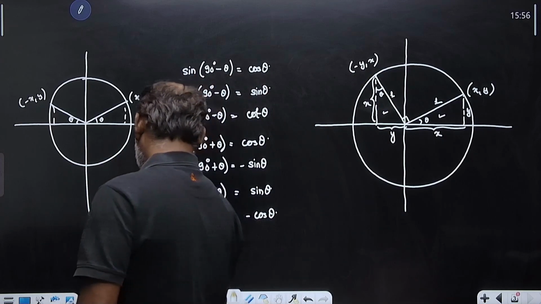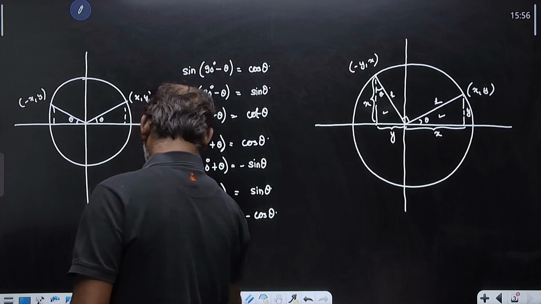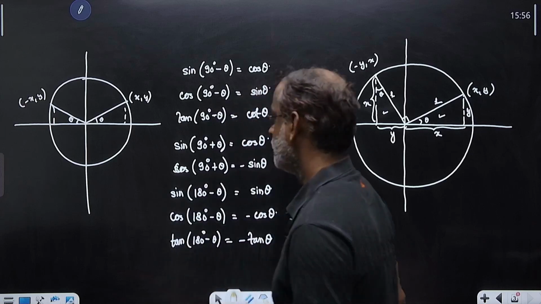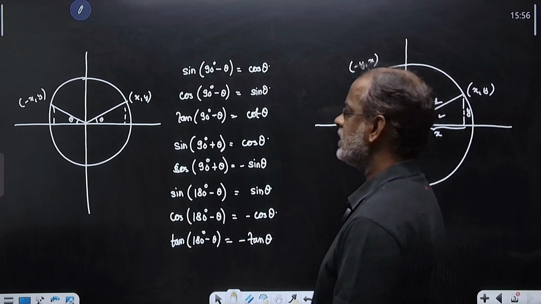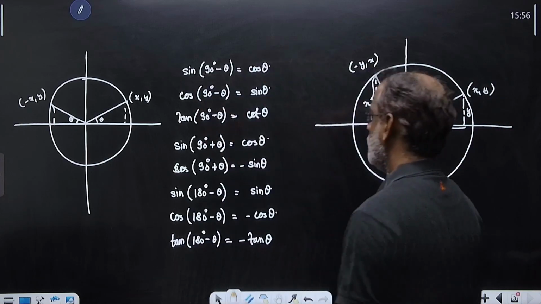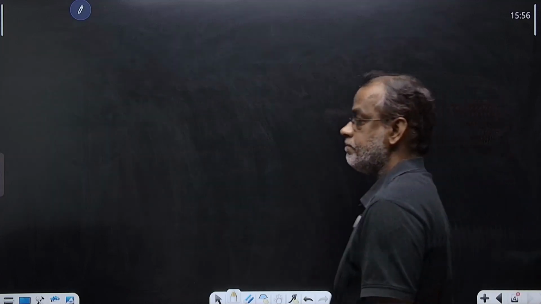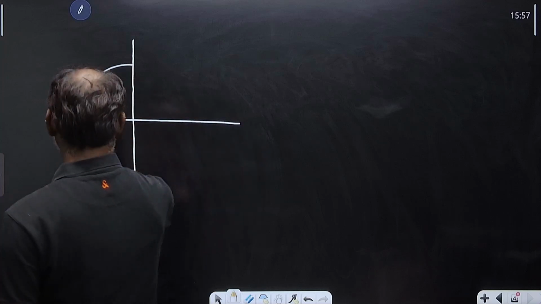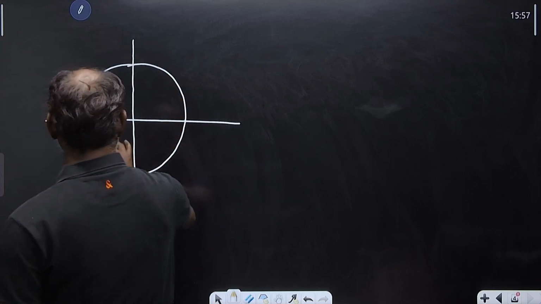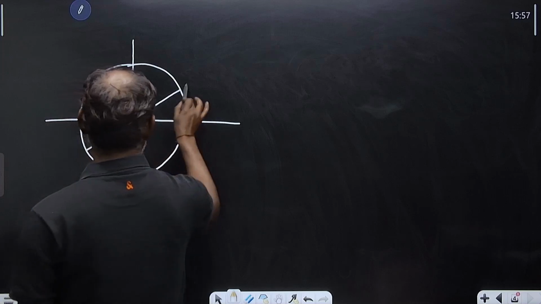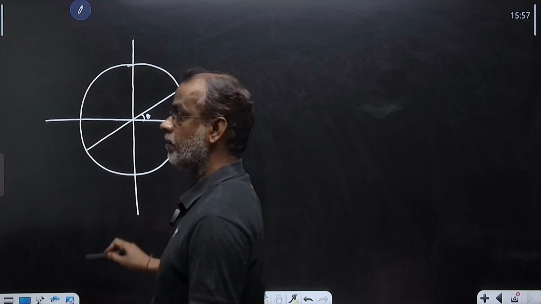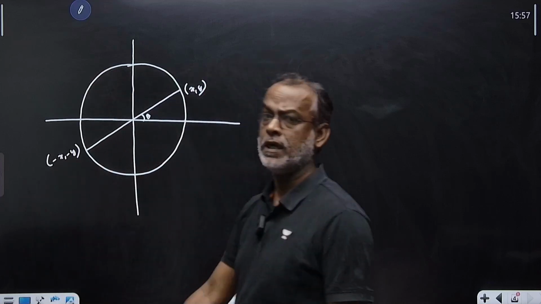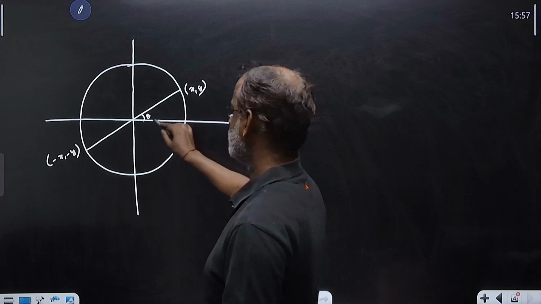Tan 180 degree minus theta is therefore minus tan theta. Generally, this one would be sufficient, okay. But for the sake of completion, let me tell you this also. Pi plus theta, this would be minus x comma minus y. So, this is pi.